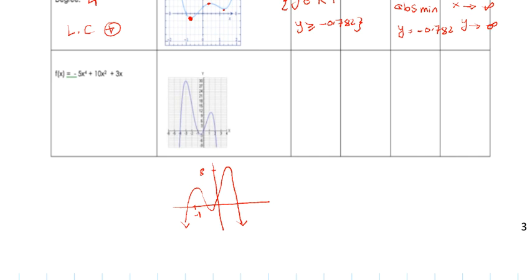All right. So that's a degree 4 again. Is the leading coefficient positive or negative? Yeah. It's -5, right? That's the domain. And the range is, what's the range?